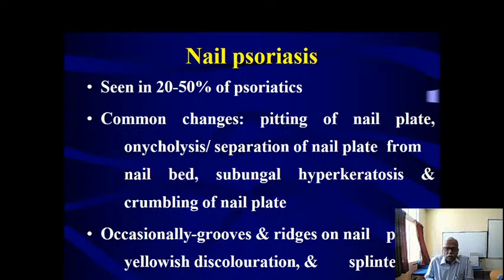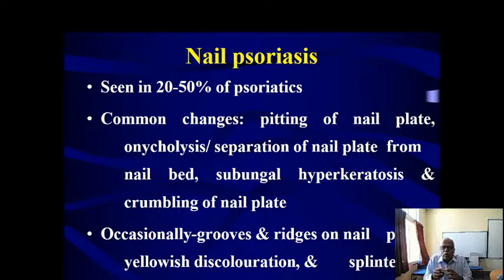And then another variety we have is nail psoriasis. We see it in 20 to 50% of psoriatics, and the commonest finding is pitting. Pits will be there on the nail plate, and there will be damage to the nail plate called onycholysis, with separation of the nail plate from the nail bed.